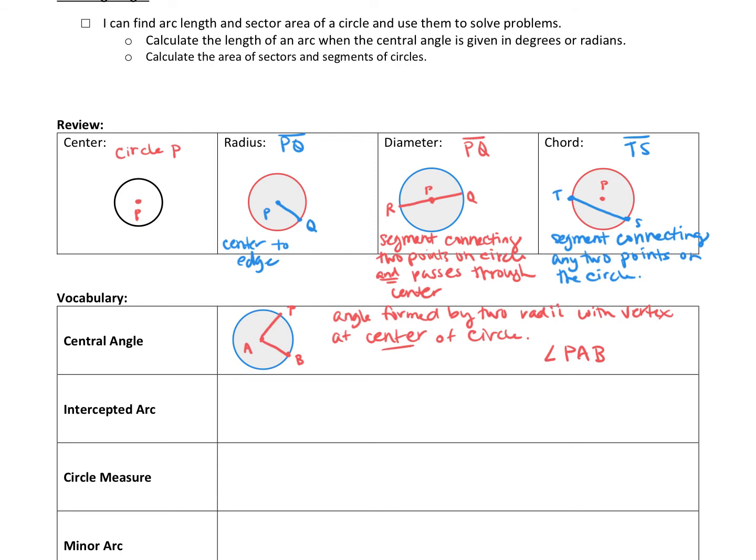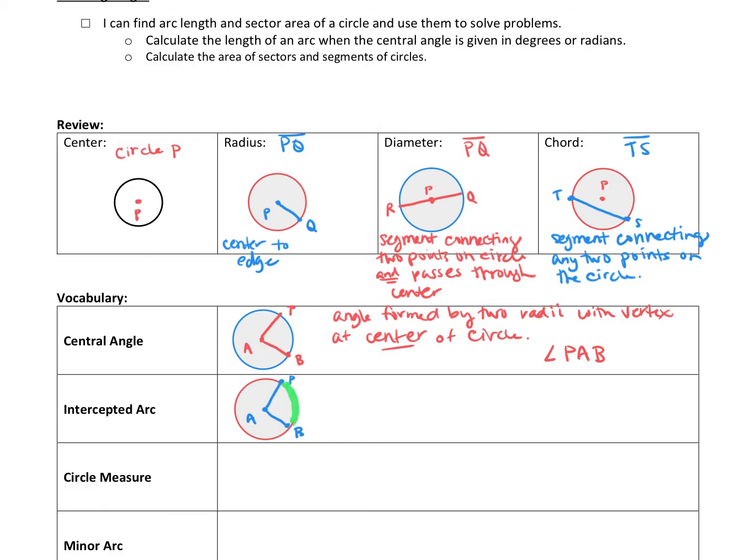All right, an intercepted arc. So here's another circle. If we have center A, connect to point P and B. So an intercepted arc is going to be this right here. This is called an arc.